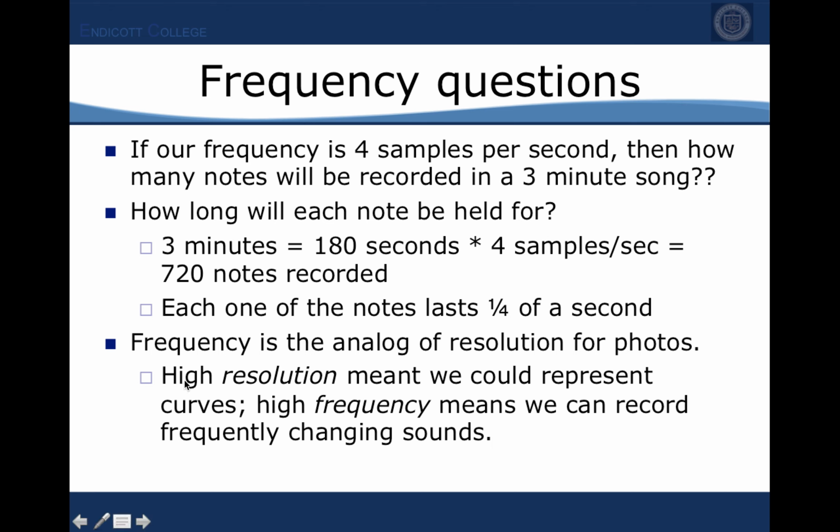So this might sound a little familiar in the sense that frequency is analogous to resolution that we talked about with photos, right? A high-resolution photo meant that we could represent the intricate curves in images. In other words, things didn't look super boxy and pixelated if we had high resolution, because we could represent curves with pixels and have it look really good.